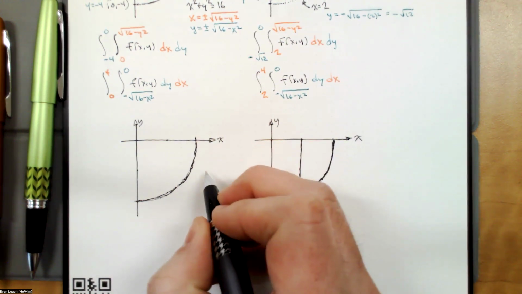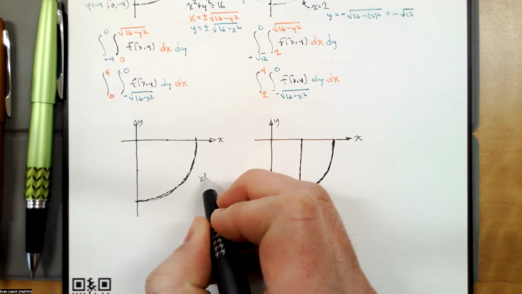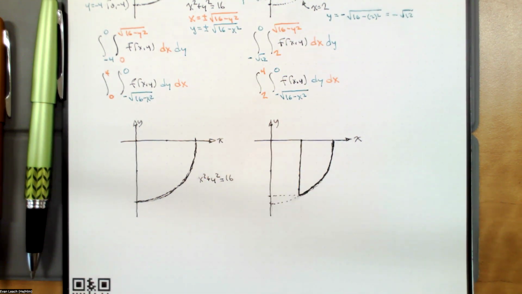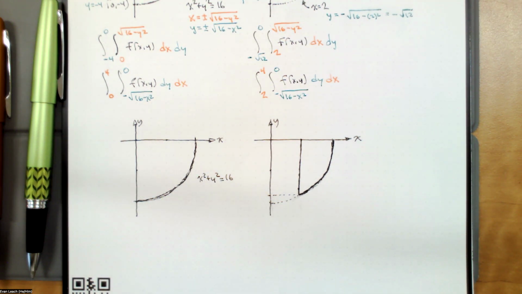In this problem, we've got x squared plus y squared is equal to 16. If we just translate this into polar coordinates, that says r squared equals 16, which is just r equals 4. Describing a circle in polar coordinates is just a constant function of r.